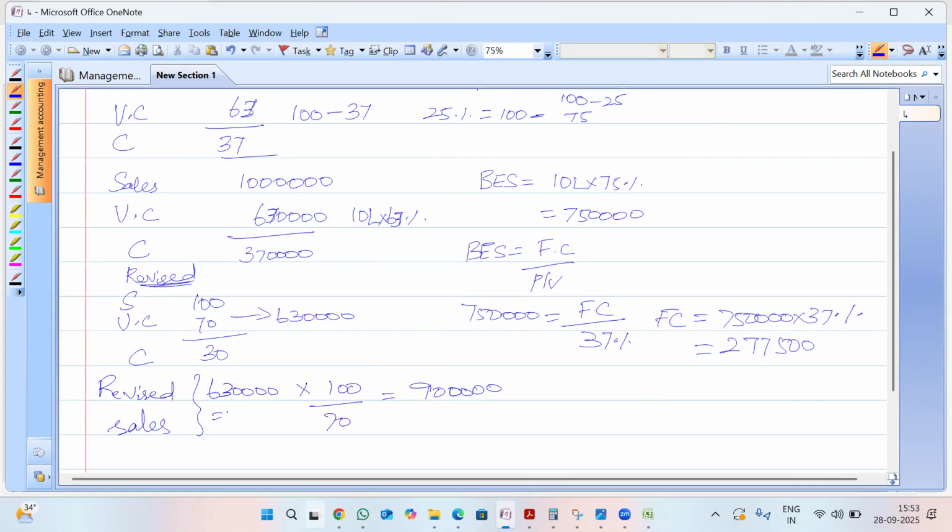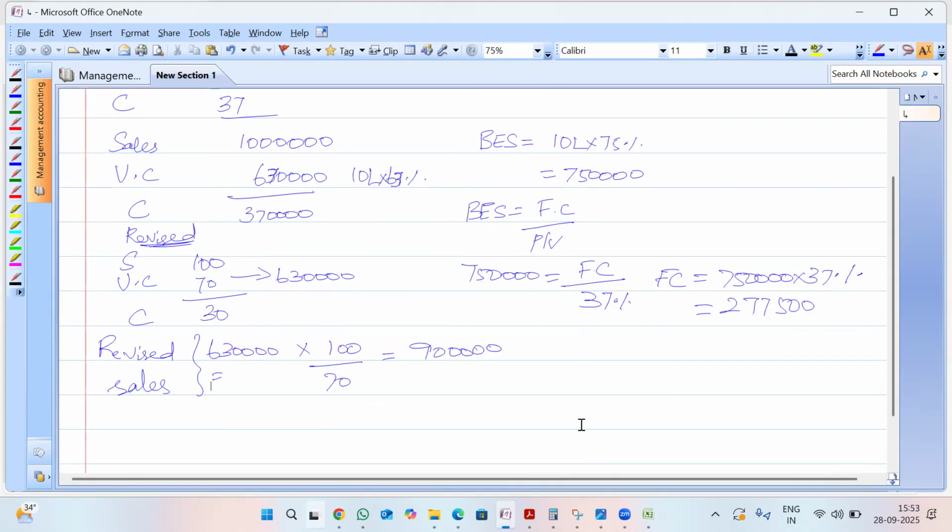So my existing variable cost is 6,30,000. Now that revised percentage is 70%. So I'm just calculating based on that. So I'm getting 9 lakh. Now let's try to calculate fixed cost. Here there is a change in fixed cost also. That's why there is a change in margin of safety, everything.